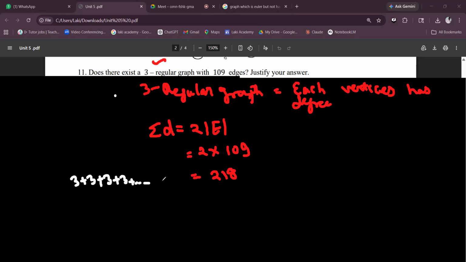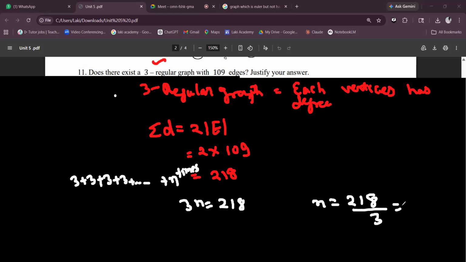And you don't know how many vertices. Let's suppose there are n vertices. So 3 into n, equal to 2 into the number of edges. Find the value of n. 72.666, which is not possible.